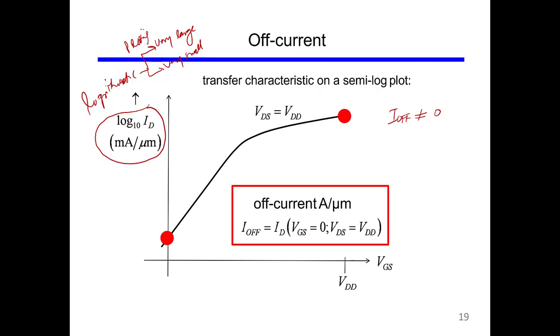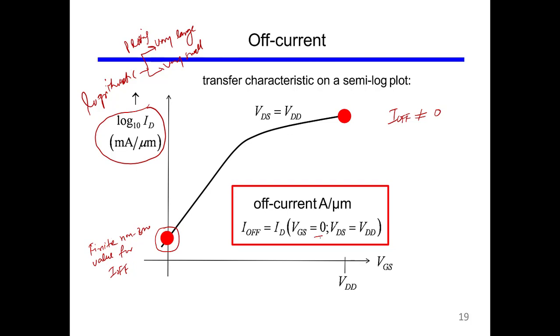As the I off current is very small, that's why it is plotted on a logarithmic scale. And when you plot it on a logarithmic scale, the plot looks something like this. You see we have a finite, non-zero value for I off.